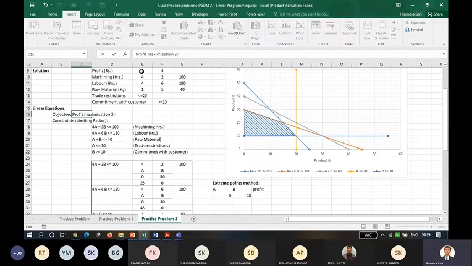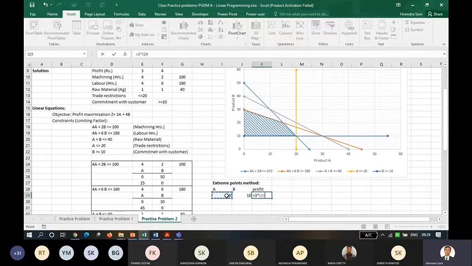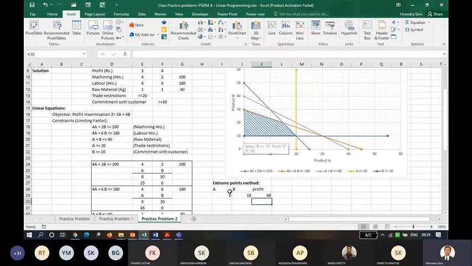Profit was 3 rupees per unit for A and 4 rupees per unit for B. So it would be 3A plus 4B, which is 3 into A plus 4 into B. So we are getting a profit of 40 at this point, at 0, 10.